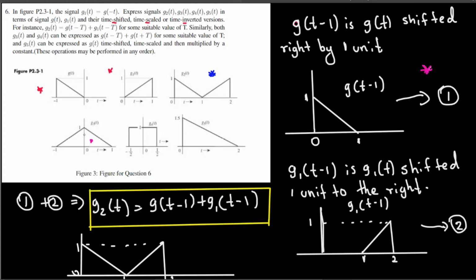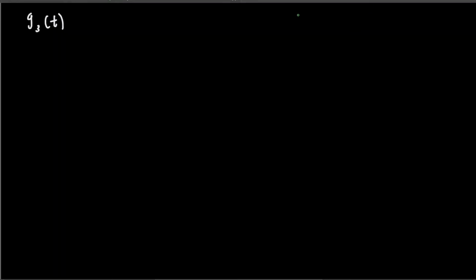Okay, so what we can do, if you look at the g1 of t, it looks exactly the same. But before we used the g1 of t, we shifted 1 unit to the right. But here we had to shift it 1 unit to the left because it should be starting at -1. So let's do that one.